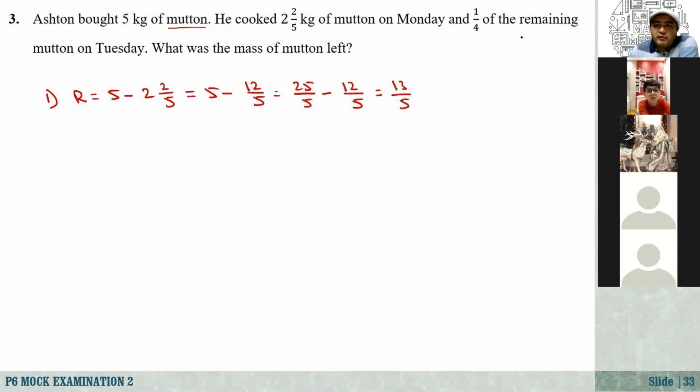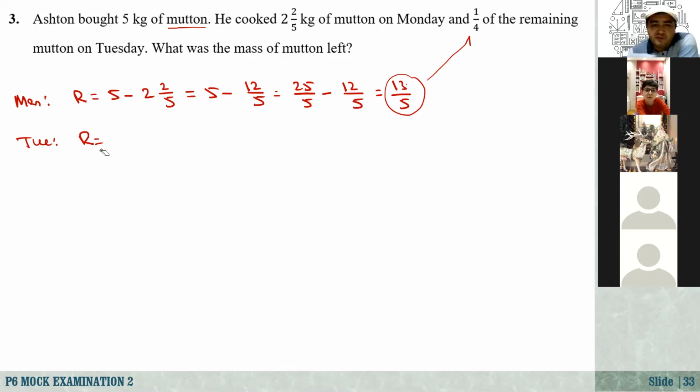So we have this much left, and it says 1/4 of the remaining on Tuesday. This one is on Monday. Monday, he cooked some, but remaining one, right? And how about Tuesday? Let's also find the remaining. We now had 13/5 kg, and he cooks 1/4 of the remaining mutton on Tuesday. If you cook 1/4 of the remaining, how much is left? 3/4, right?